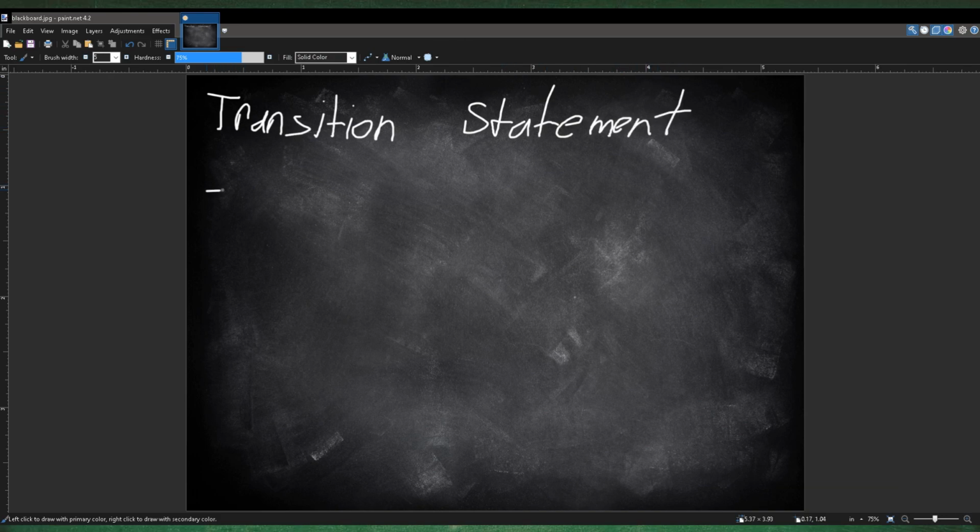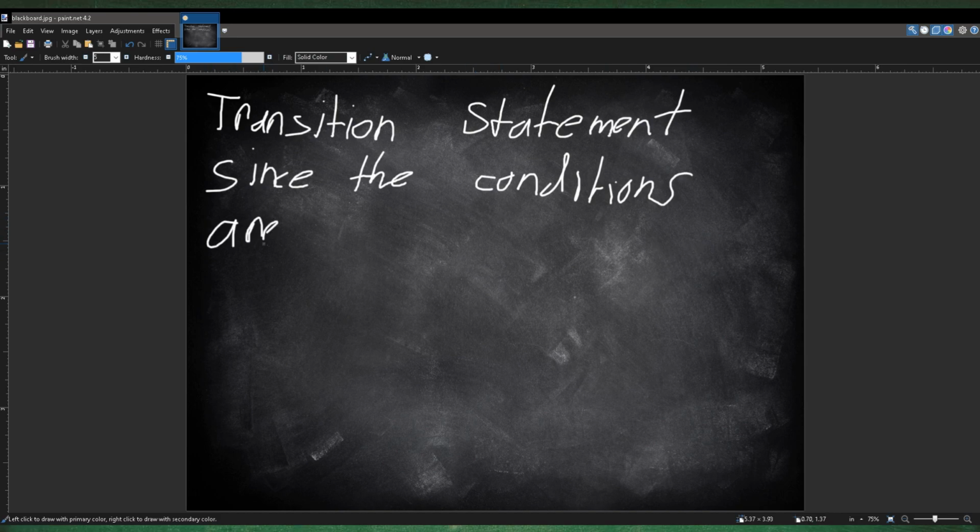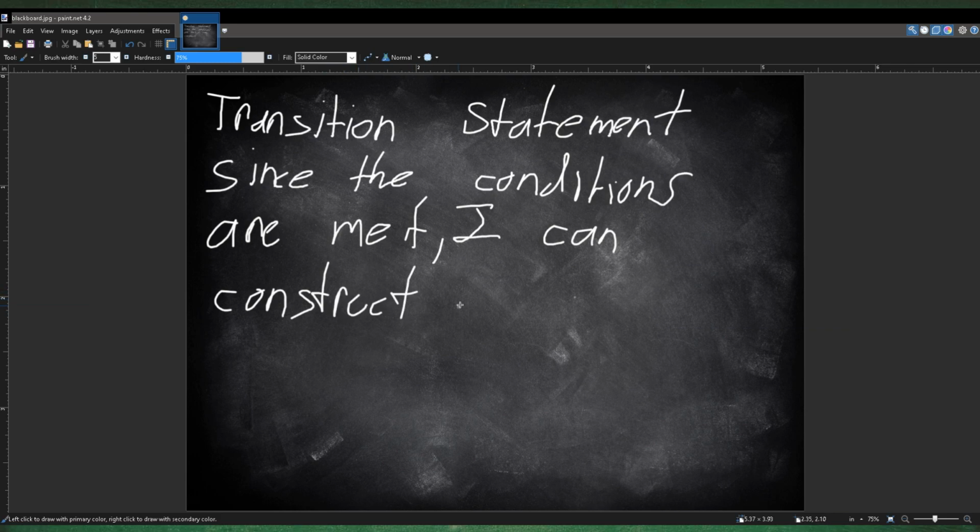So you have to write, since the conditions are met, I can construct a one sample t-test.